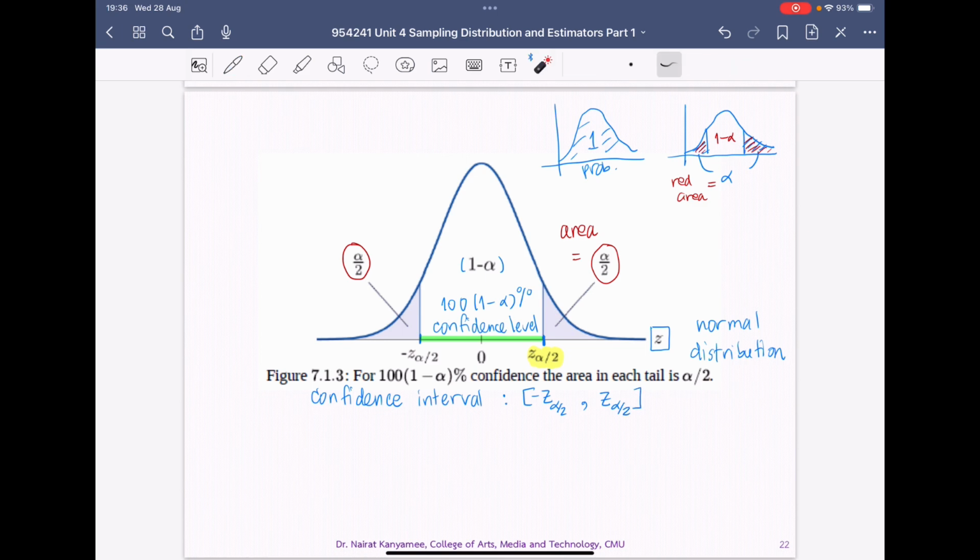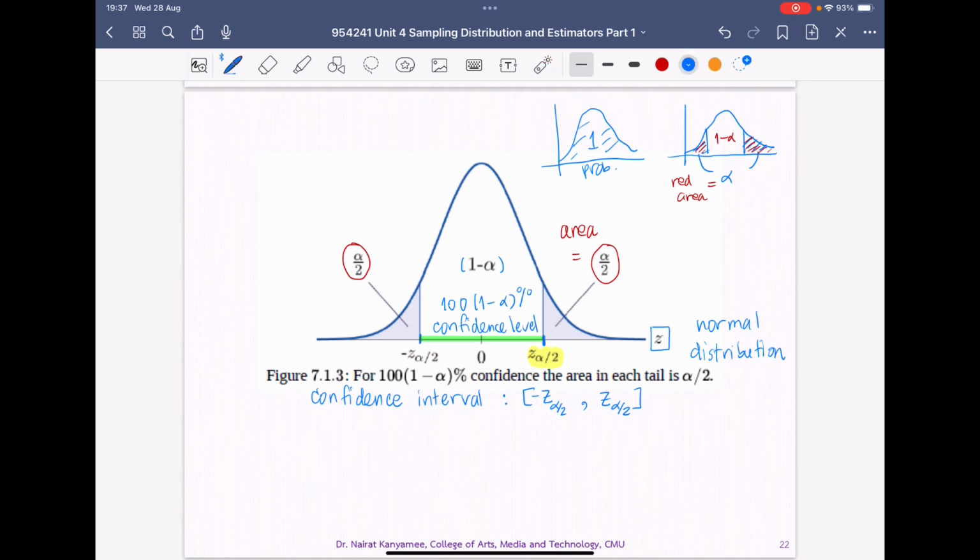So the confidence interval lies in here, starting from here to here. The confidence level is the probability, or the area under the curve, from minus z alpha over 2 to z alpha over 2.